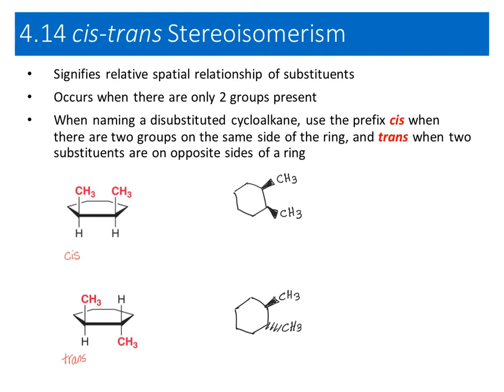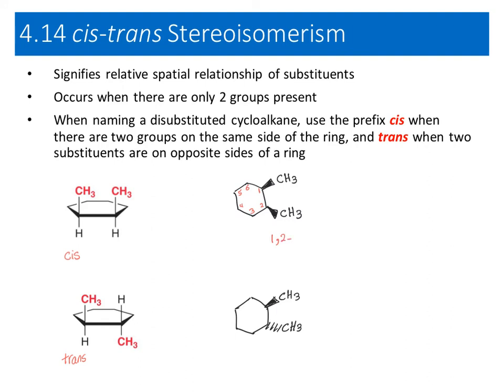Now to name these molecules, the naming is similar to what you learned before. So you need to name the parent chain and name the substituent, their position and locations. After naming the molecule, you need to put the prefix cis or trans before the name of the molecule to show their spatial relationship. So the first molecule, the parent chain, is cyclohexane. And if I number the parent chain, this one should be 1, 2.